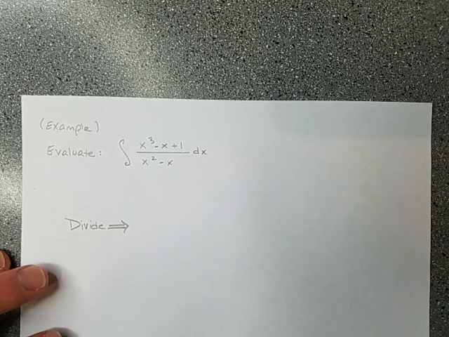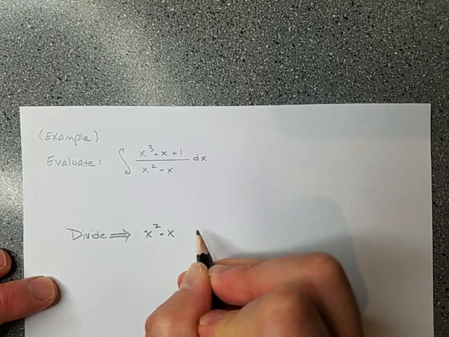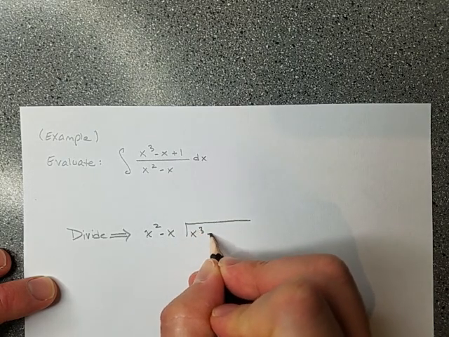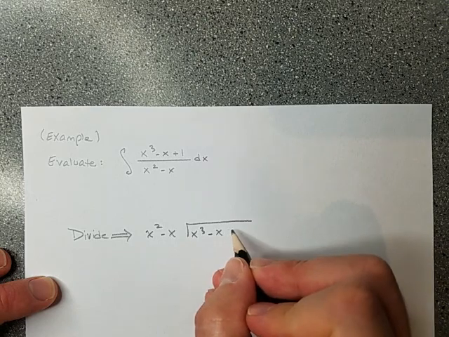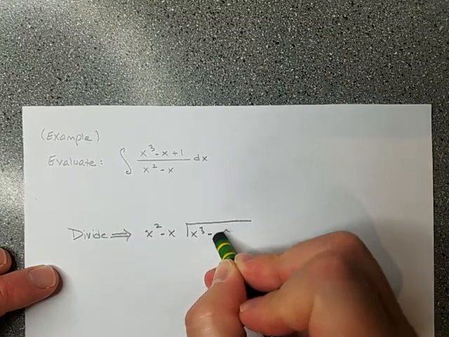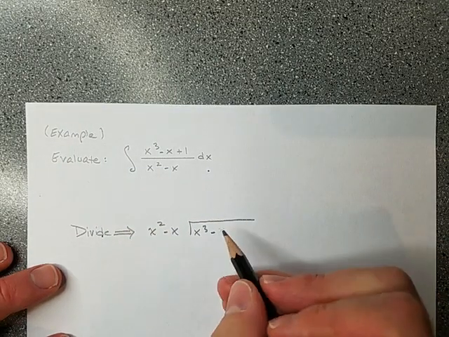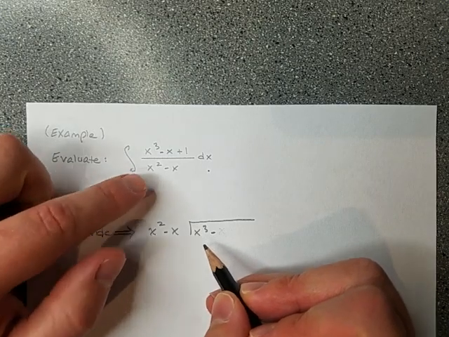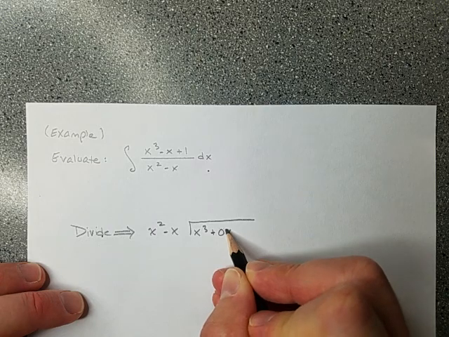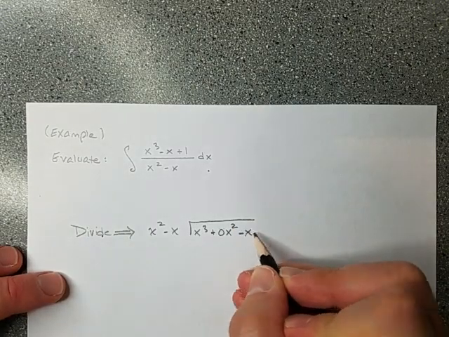All right, so we'll do that. And that will look this way, x squared minus x, and I'm dividing into x to the third power minus x. Well, let's do this. You know how I said there's place values? Like there's x to the third power, but there isn't an x squared, is there? Maybe it would be more helpful to do that. You don't have to do it like that if you don't want to, but it might help you keep track of things.